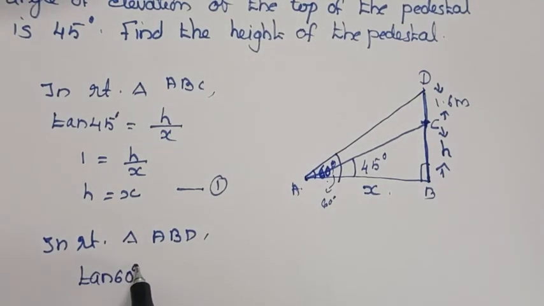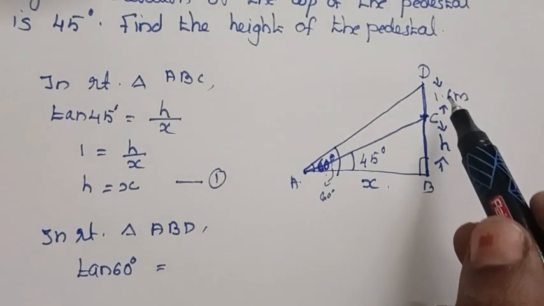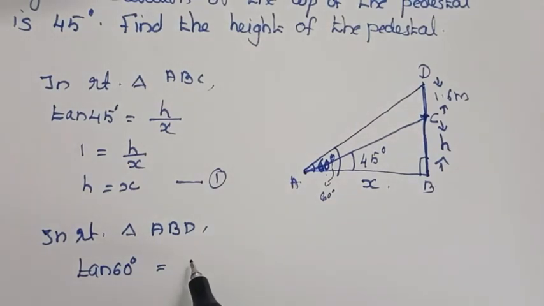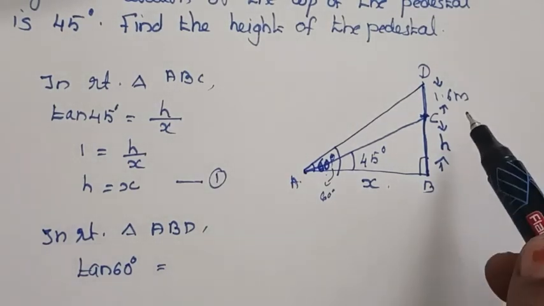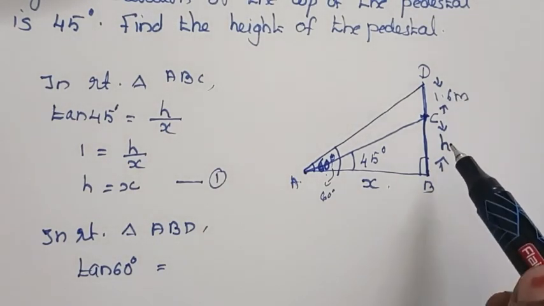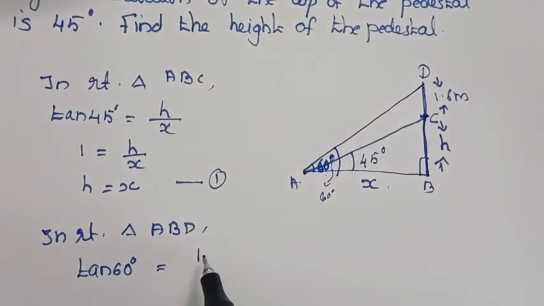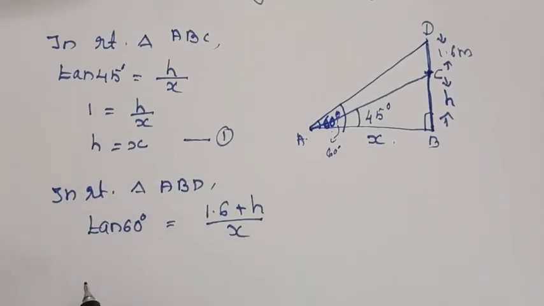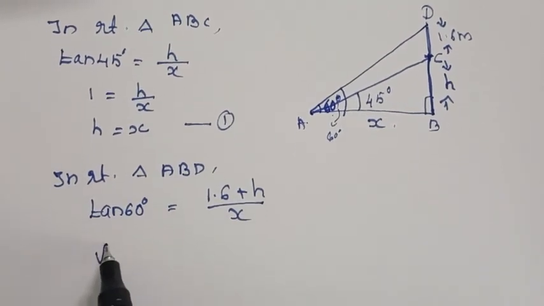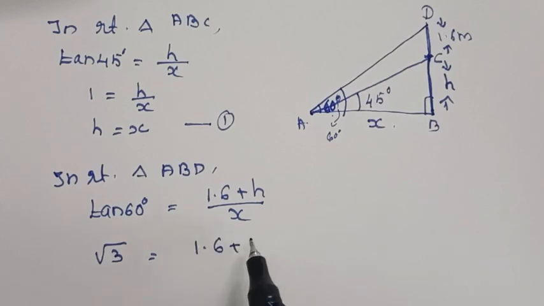Again, we have to connect the opposite side and adjacent side. So take tan 60. That is equal to the opposite side, which is the total height, that is 1.6 plus h, by the adjacent side x. Tan 60 equals root 3, isn't it? That is, root 3 equals 1.6 plus h divided by x.